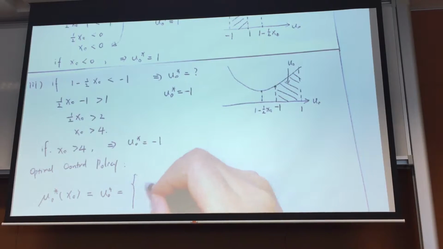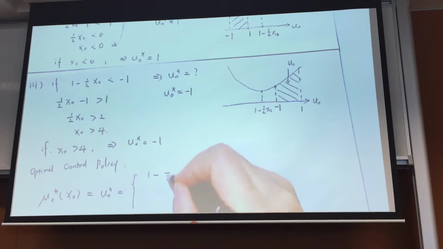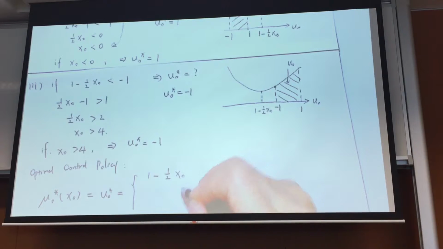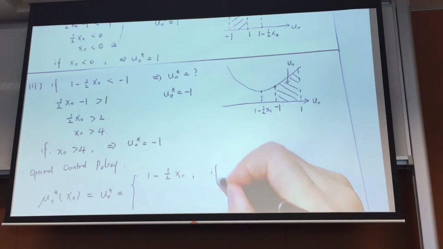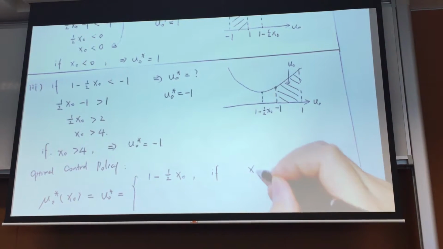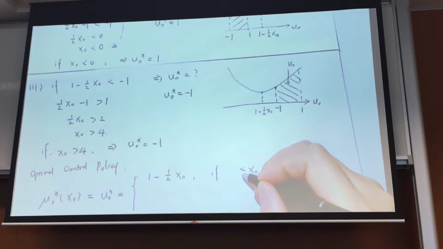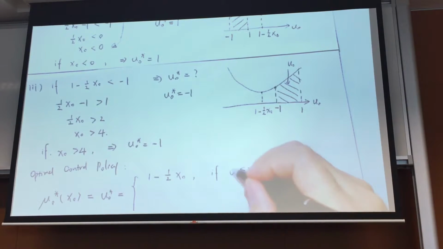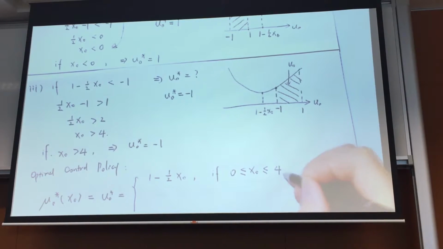The first situation is 1 minus a half x0, if x0 is between 0 and 4.